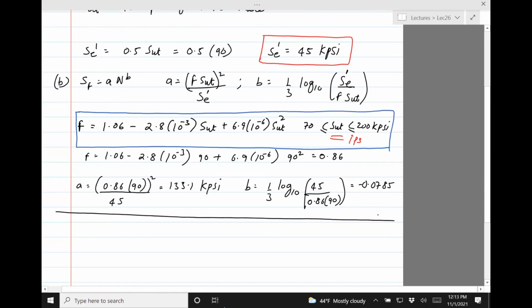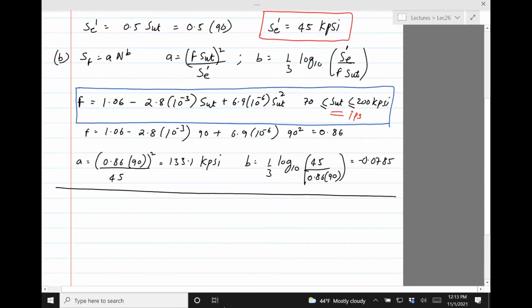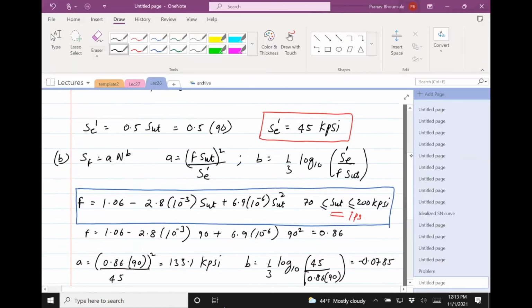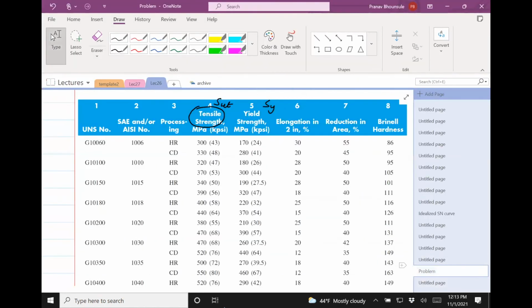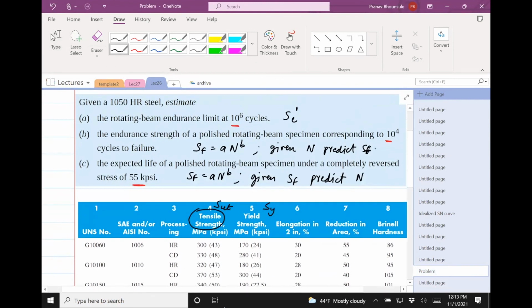Okay, with that, we are ready to solve parts B and C. So part B asks us to find, so we know A and B, and now we need to predict N. Sorry, given N, we know N is 10 raised to 4, we need to predict SF.